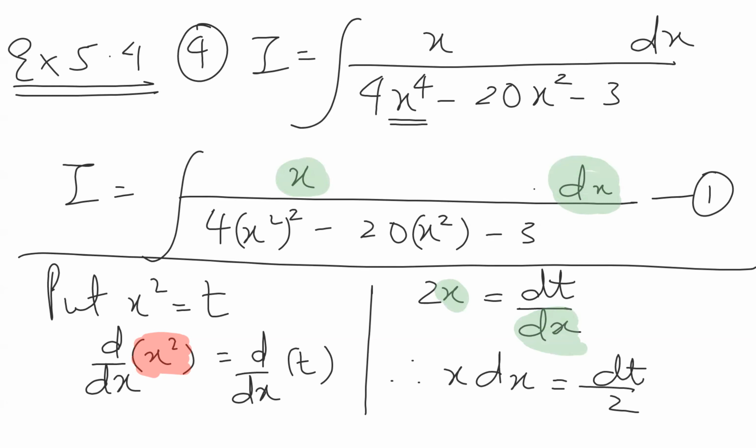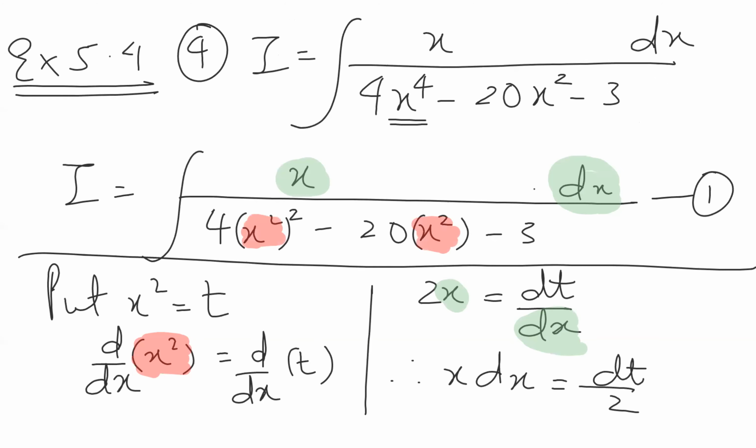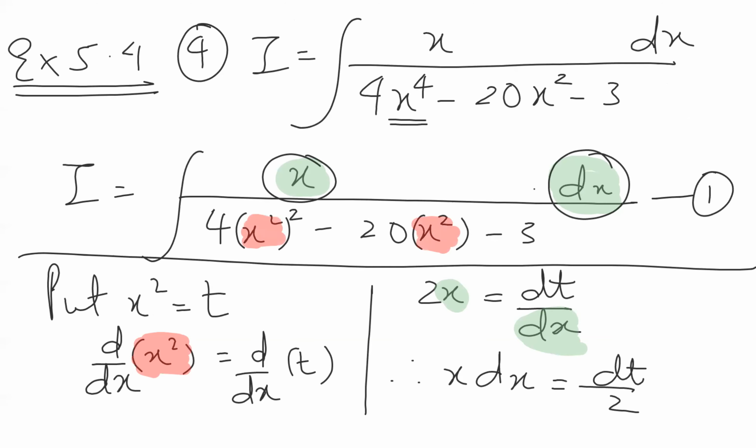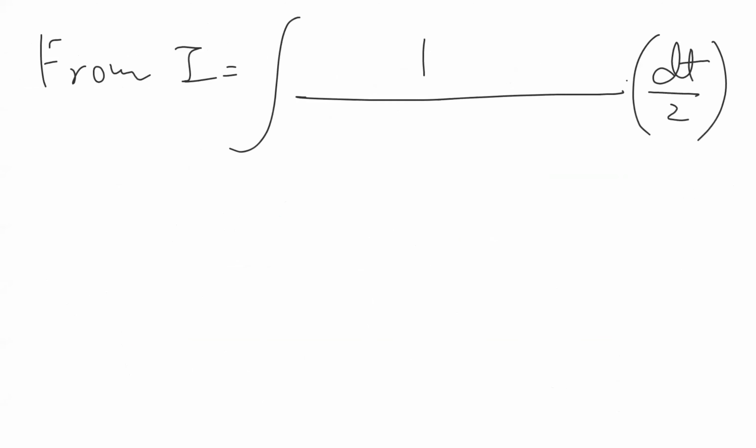From 1, x square is t, and x dx becomes dt by 2. Write it towards the very end. So we have 1 upon 4t square minus 20t minus 3. Just take this to outside.